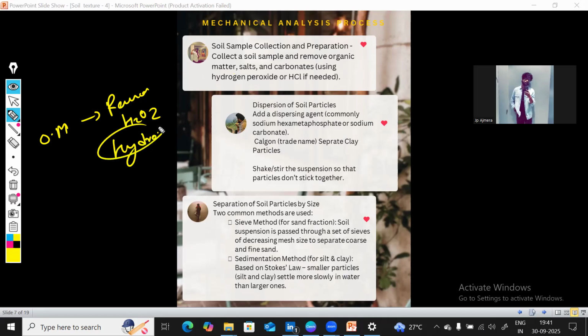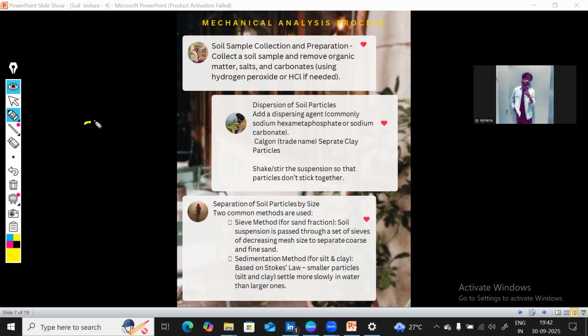We add the hydrogen peroxide to the soil sample and it removes the organic matter. All right, then dispersion of soil particles.